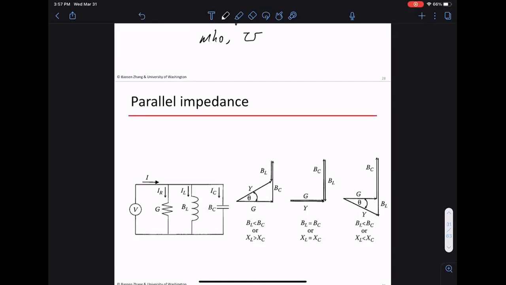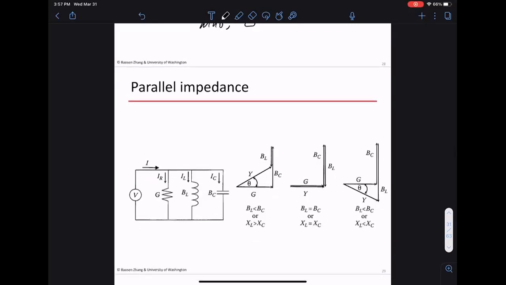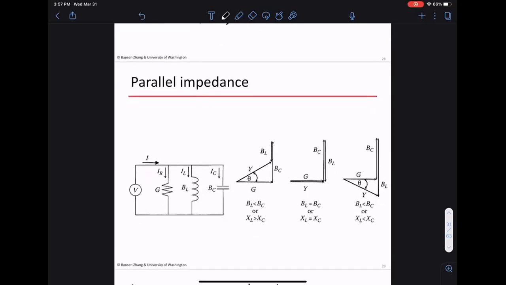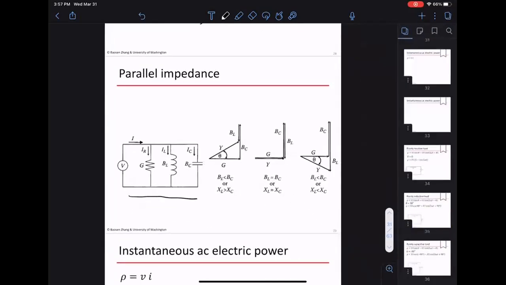I don't get the 3 pictures at the right. Oh, you don't get the 3 pictures? Okay, good, let's go through the 3 pictures. If you look at a circuit like this, let's do this slower.